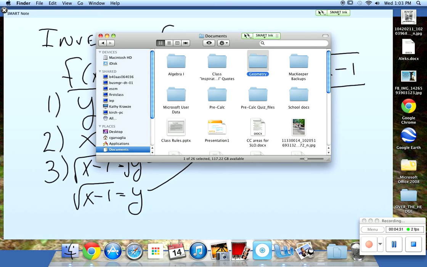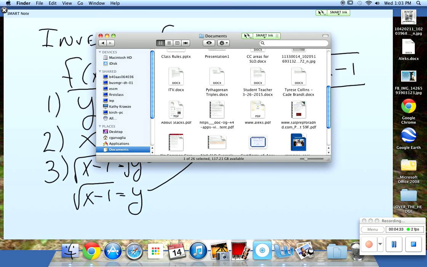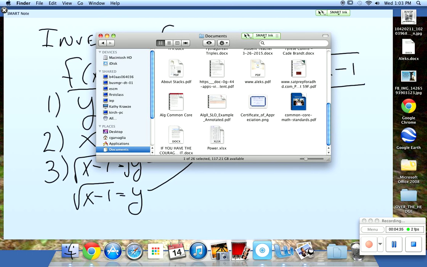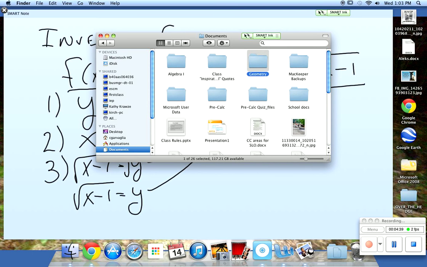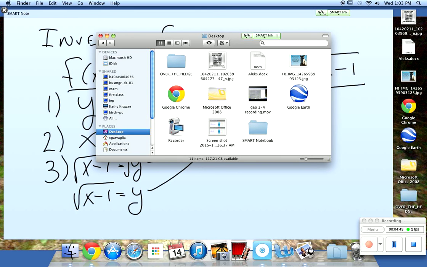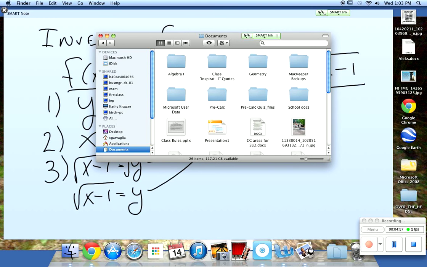Thought I had it in documents here. Oh, I know where I have it. No, that's not what I want. My desktop, where'd my file go? Oh, shoot. I think I'm in the wrong thing here.